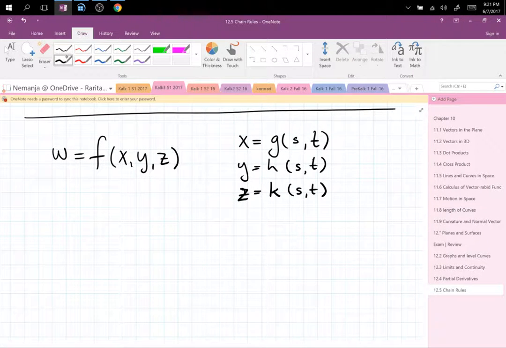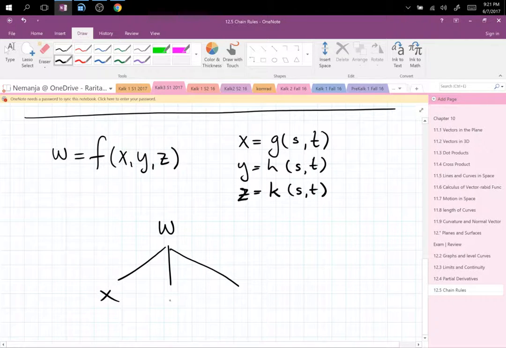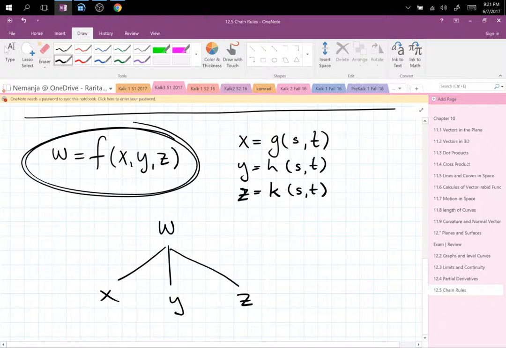So the tree. We are starting with w on the top, and that one branches into 3: x, y, and z, which we see here. So the first branching is done at the main function level.